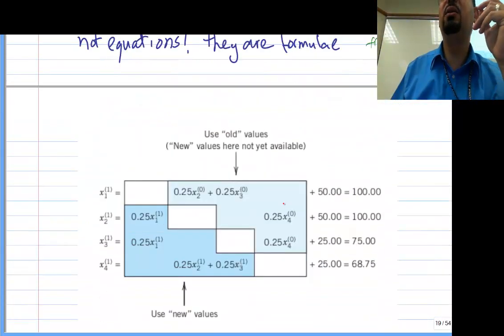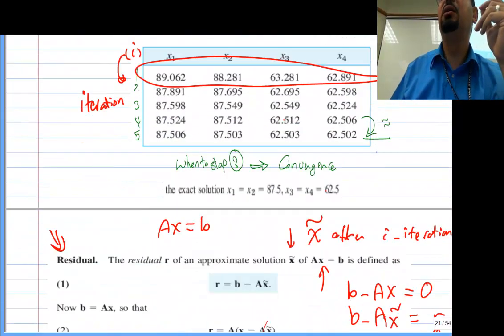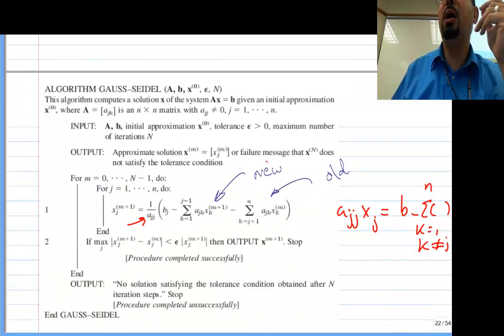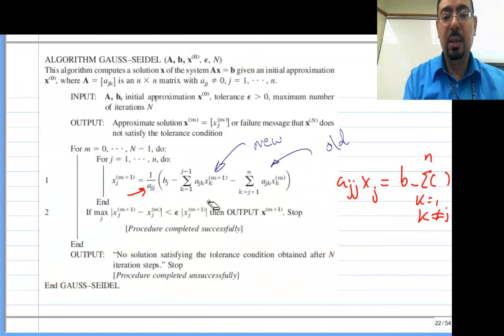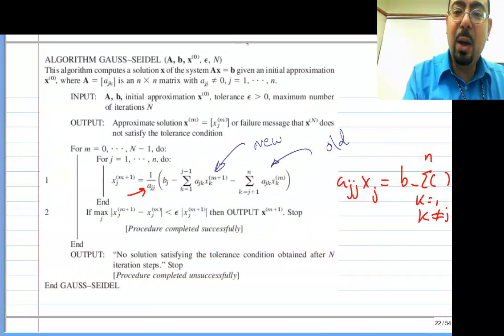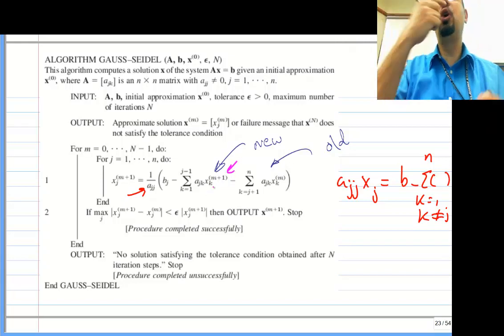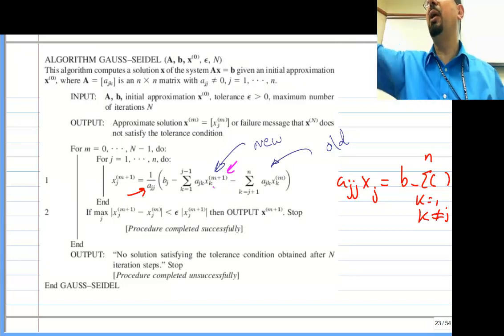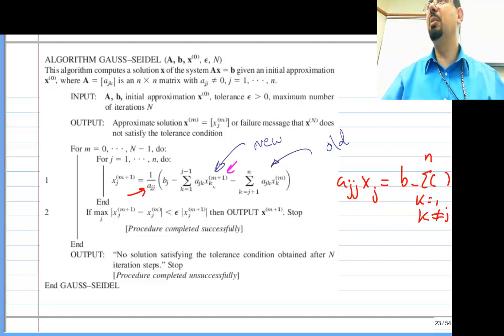So basically the Gauss-Seidel method takes advantage of this. Kind of the power that you see in that algorithm. Of course, in the program there is no power. You cannot write x to the power m. You basically call it x new and x old, for example.